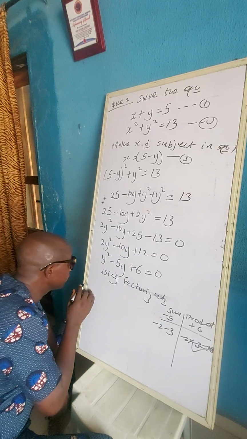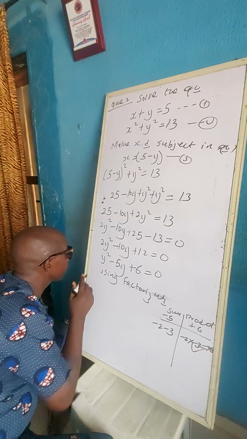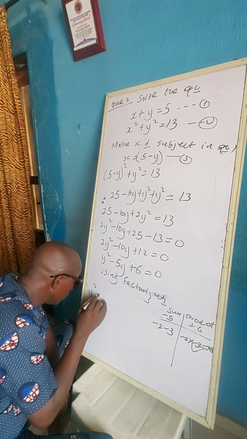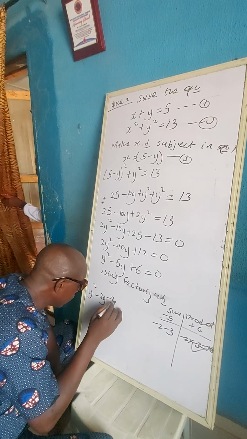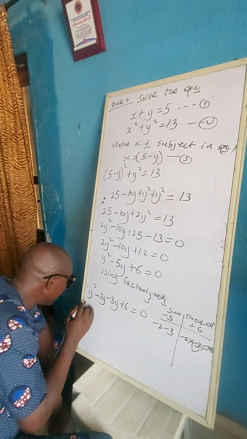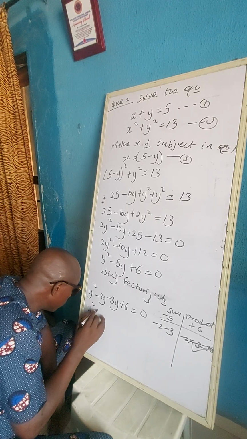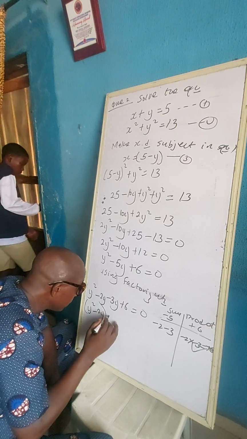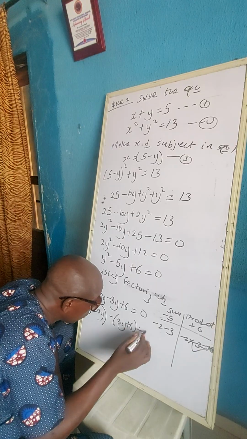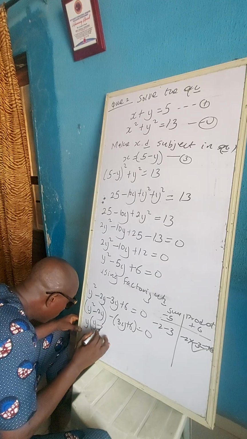Then it becomes y squared minus 2y minus 3y plus 6 equal to 0. Bracket it. It becomes y squared minus 2y, minus bracket open 3y plus 6 equal to 0. What is common here? y minus 2.